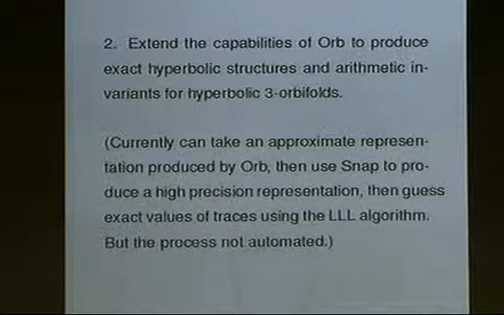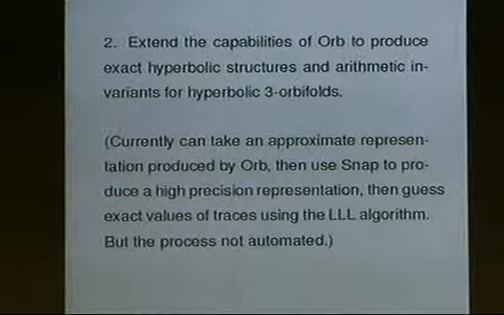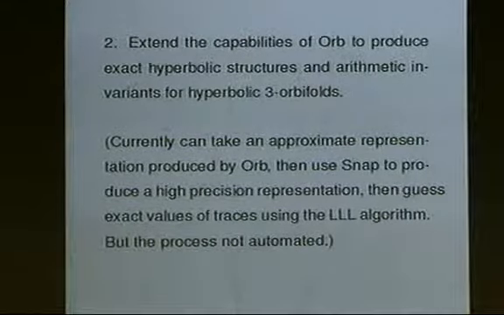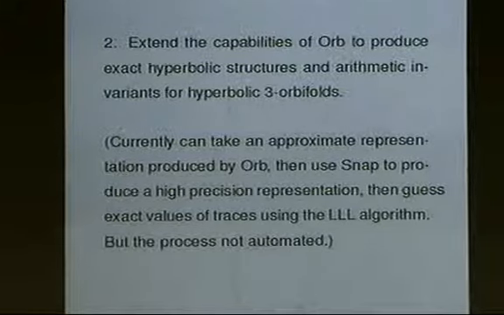And then we know that the traces, for instance, or the matrix entries themselves if you normalise things suitably, are algebraic numbers. But let's look at the traces. Given these numerical approximations, you can try and guess the exact descriptions as algebraic numbers.